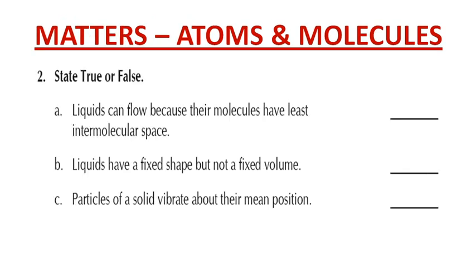Going to the next question, it is true or false. The statement given is: liquids can flow because their molecules have the least intermolecular space. We know liquids and gases can flow, but the least intermolecular space is in solids. It is not there in liquids and gases. Liquids and gases have considerable intermolecular space.